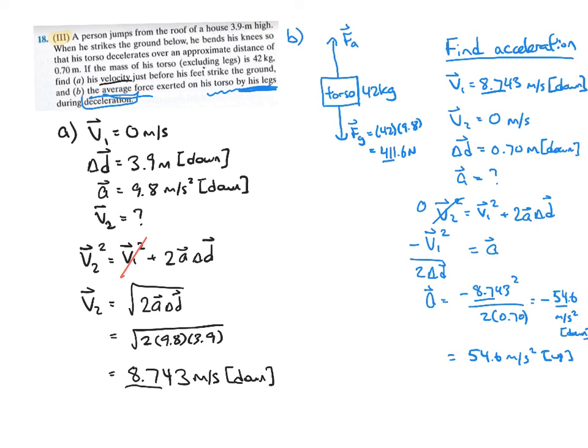Okay, now I'm going to use this, running out of space here. I'm going to use the middle. I'm going to use this acceleration value in Newton's second law. F net equals ma. Okay, so the mass is 42.